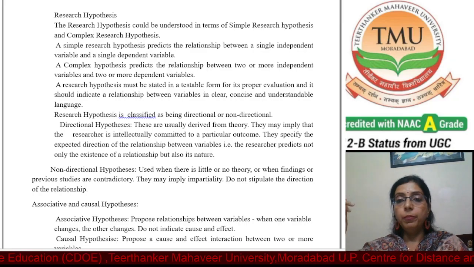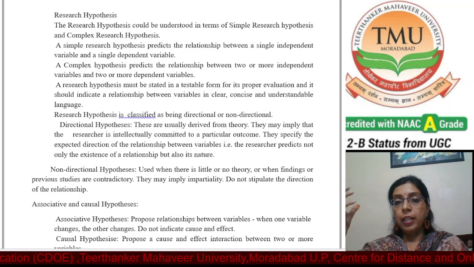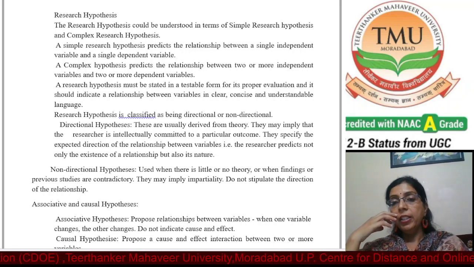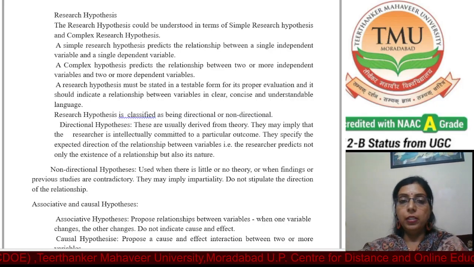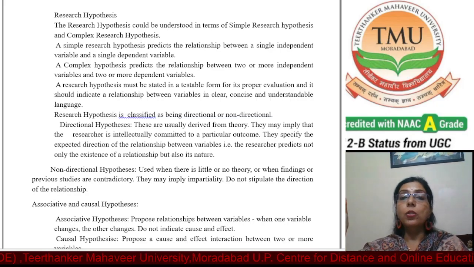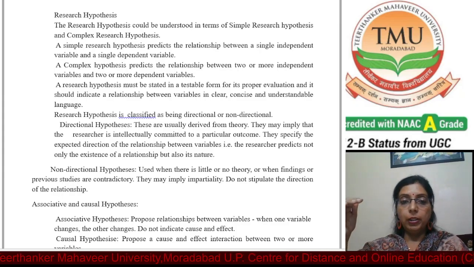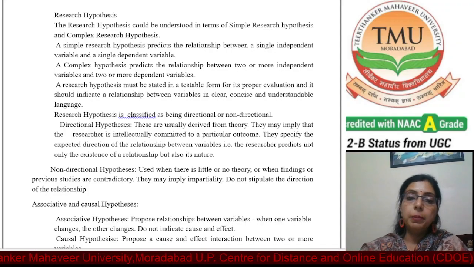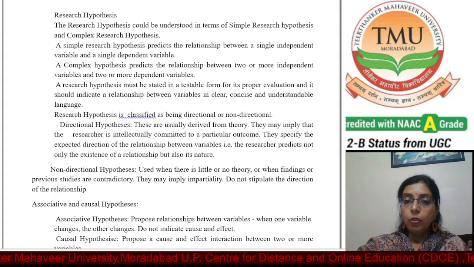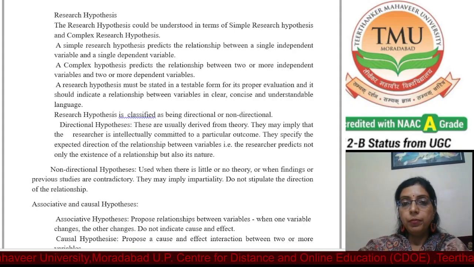For example, there is a difference between the learning style of boys and girls. This hypothesis is also known as H1 or general hypothesis or empirical hypothesis, experimental or theory or substantive or operation hypothesis.